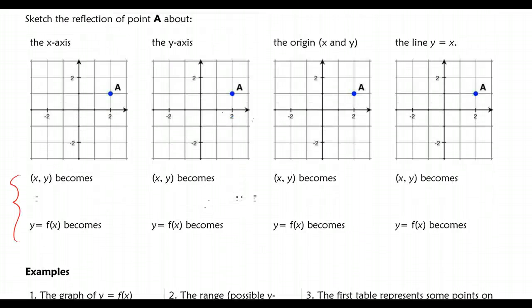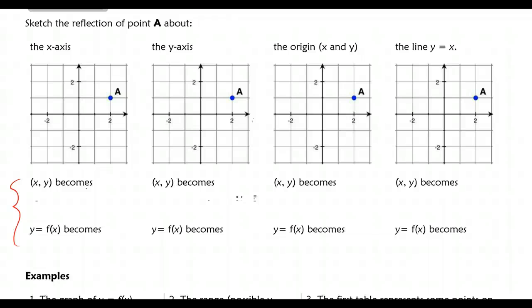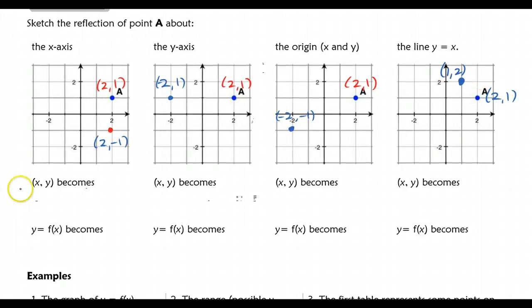So please pause the video and then come back and we'll talk about each one of these. It might help to label this point here as 2, 1, and then when you create your reflection, see what your resulting point becomes. Okay, let's begin with the reflection about the x-axis.